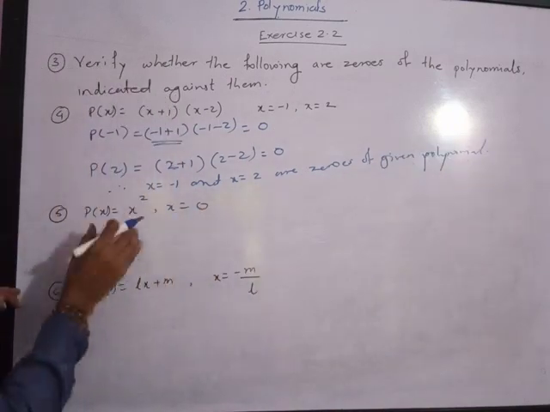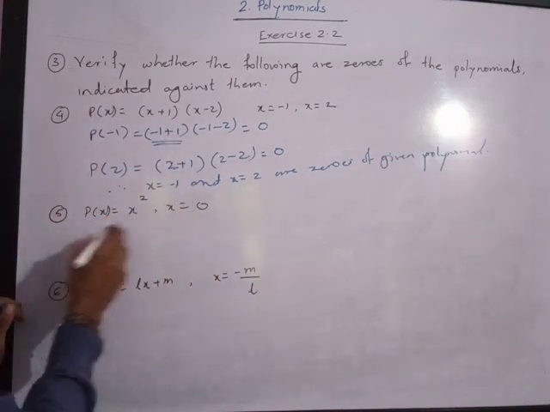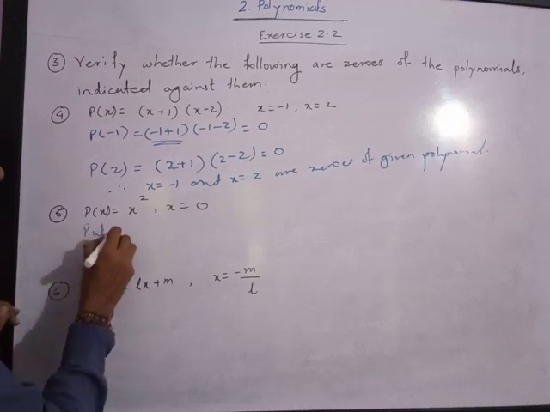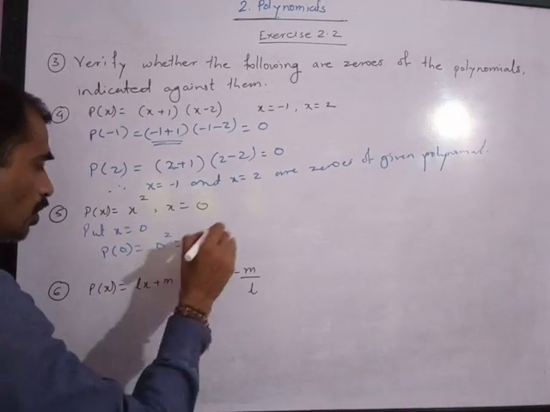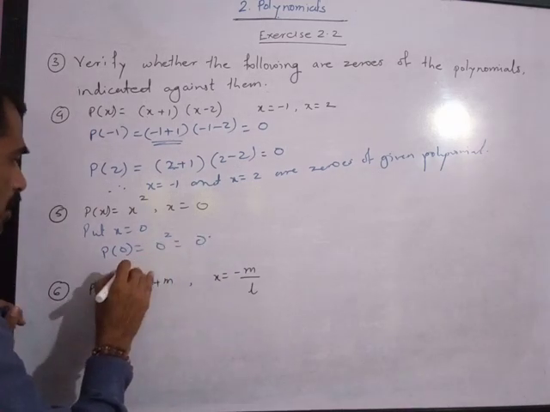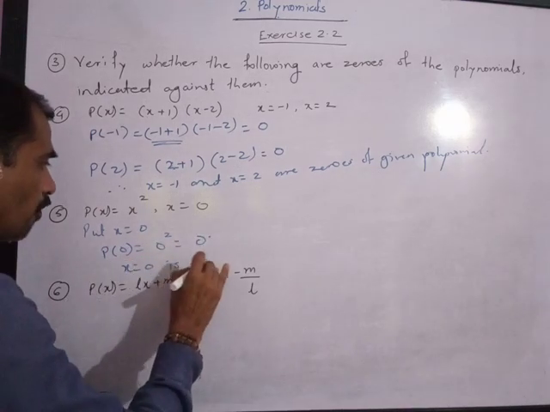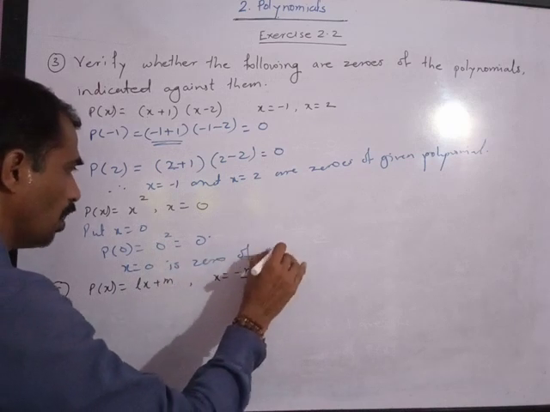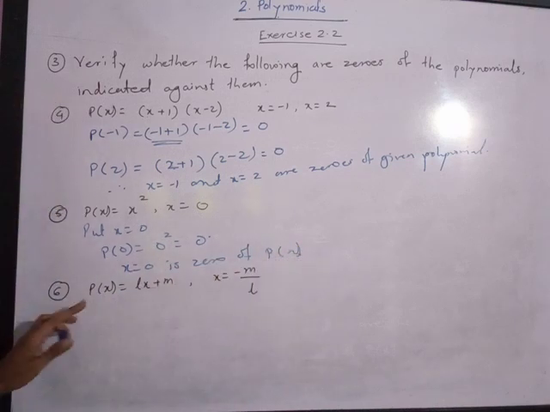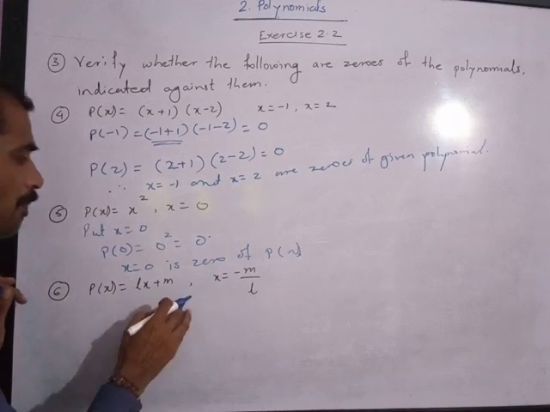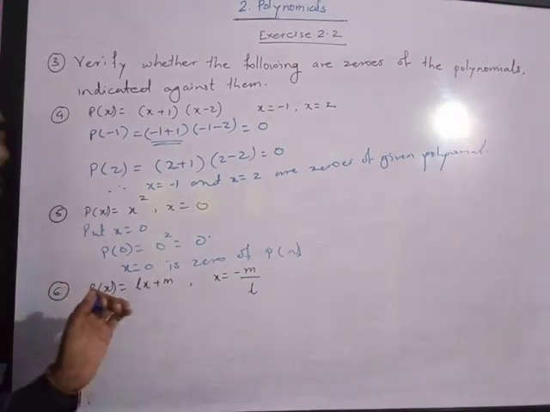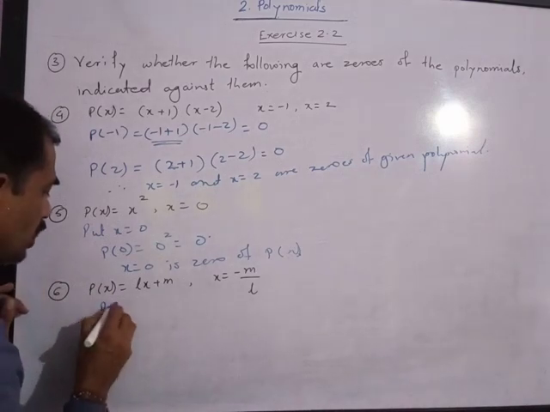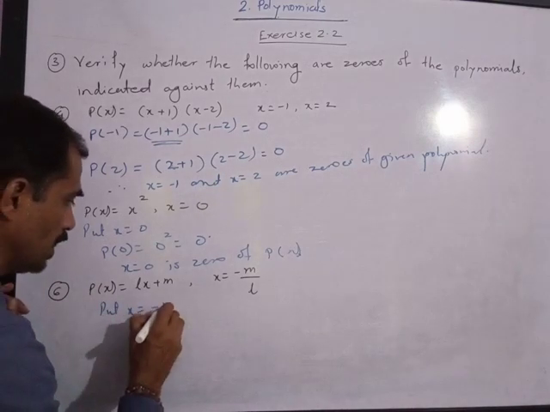Then next is p of x is equal to x square. So in this, put x is equal to 0. We'll get p of 0 is equal to 0 square, that is equal to 0. It means x equal to 0 is a 0 of p of x. And sixth is p of x is equal to lx plus m. We have to check whether x equal to minus m upon l is a 0 or not. So in this, put x is equal to minus m upon l.